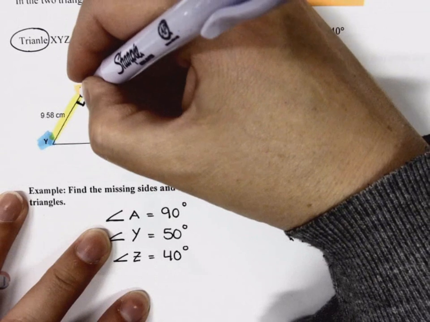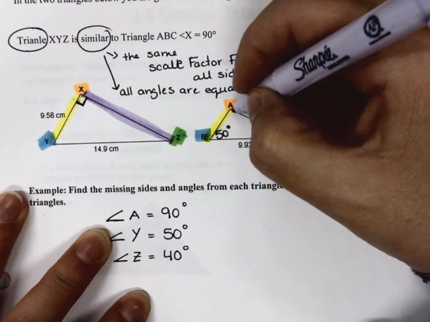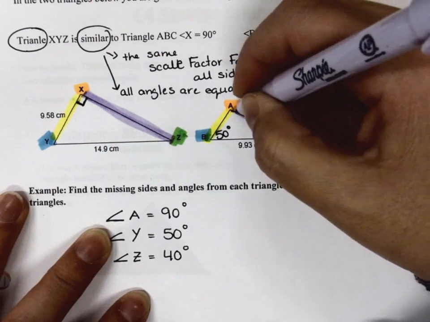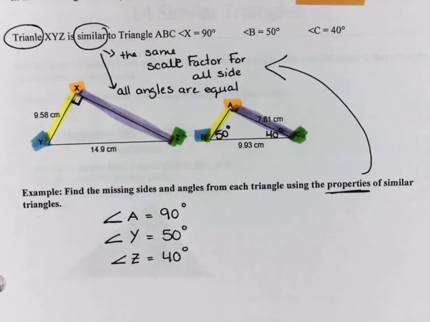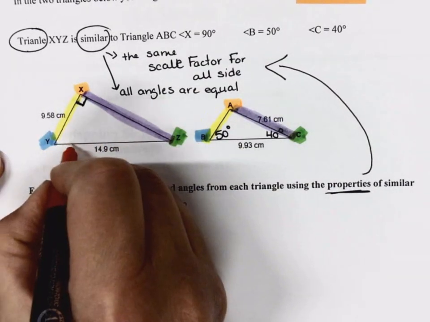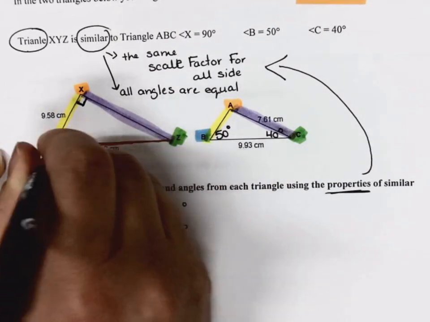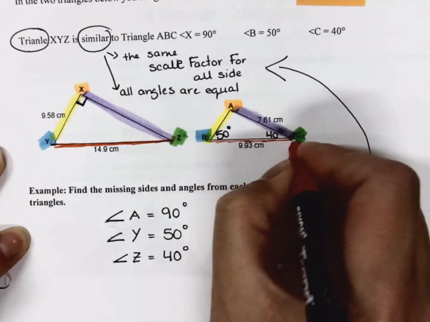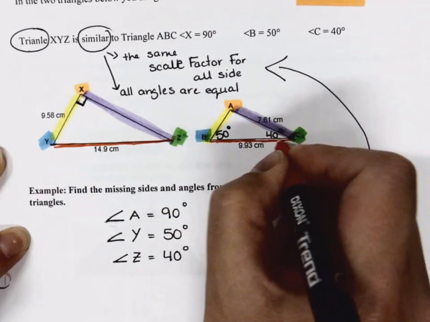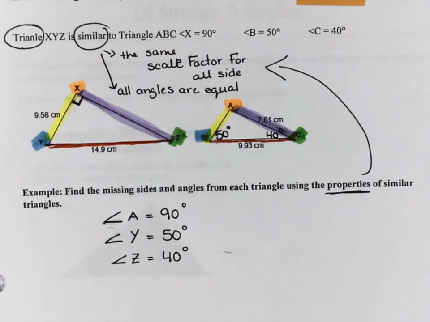We know that XZ matches AC. And I'm going to grab a red pen here. And we know that YZ matches BC. Oh, that's a very colorful triangle.